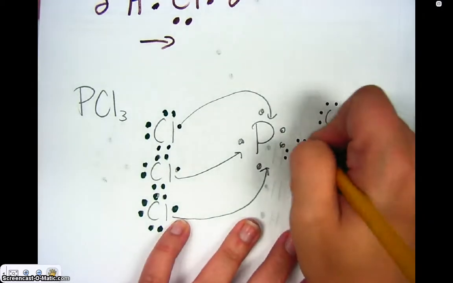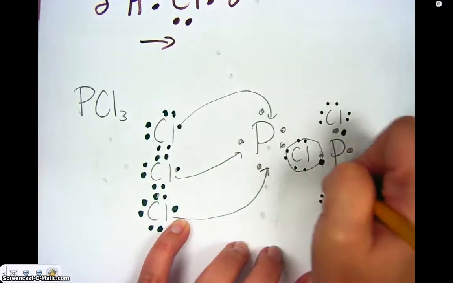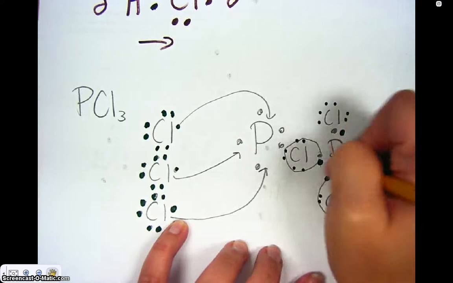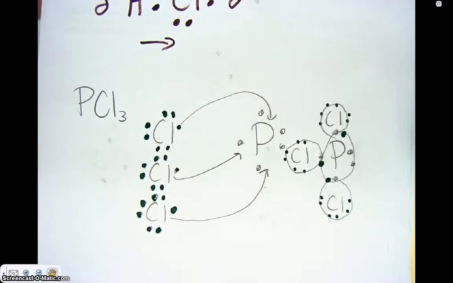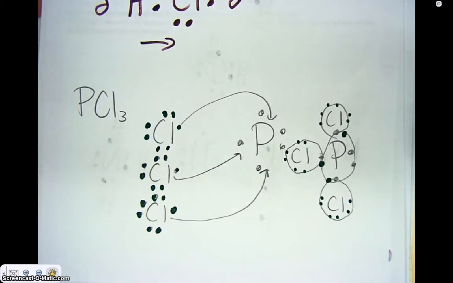So this one has 8, and this one has 8, and the phosphorus has 8, and the other chlorine has 8.